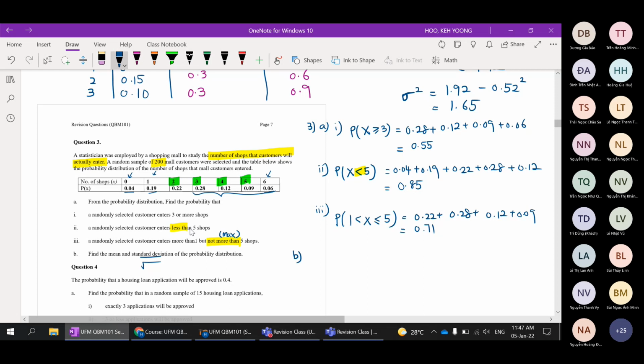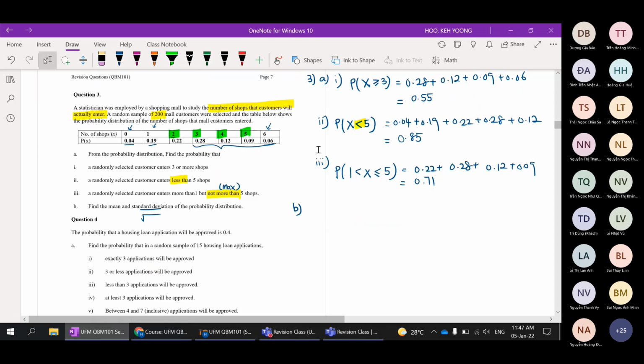To show the workings, I suggest you construct the table like what you have done in question 2.